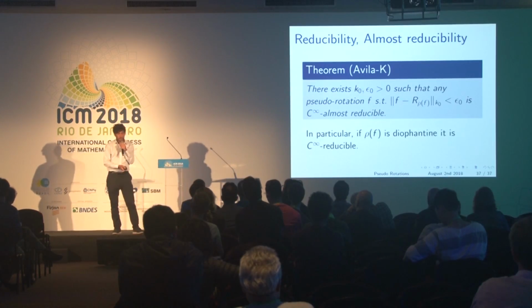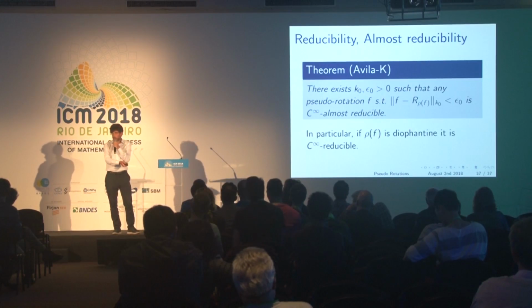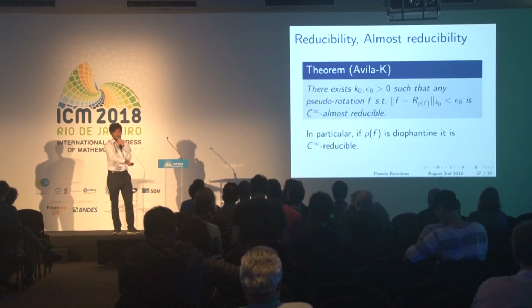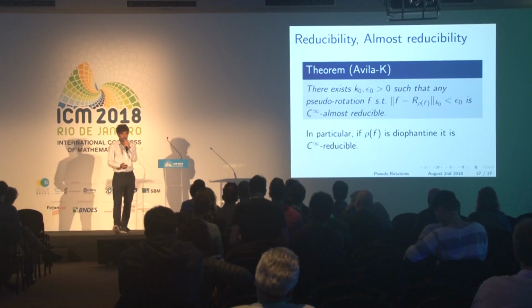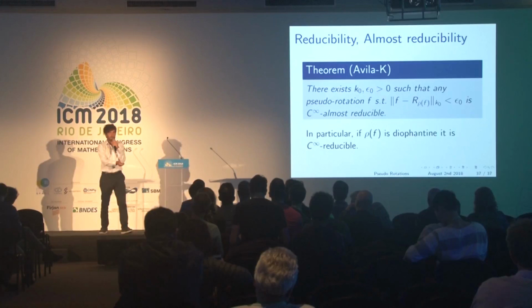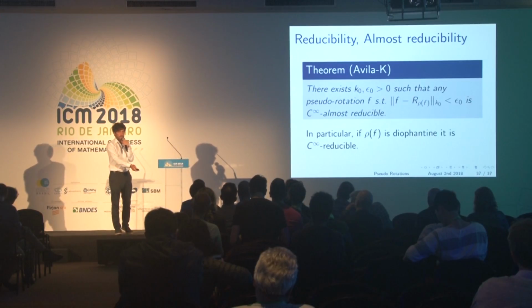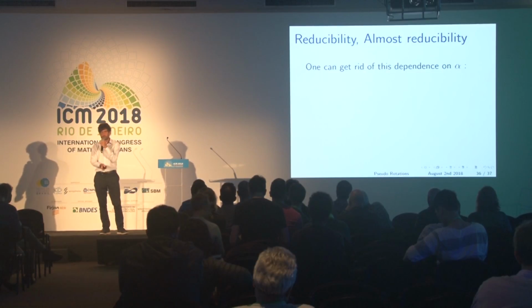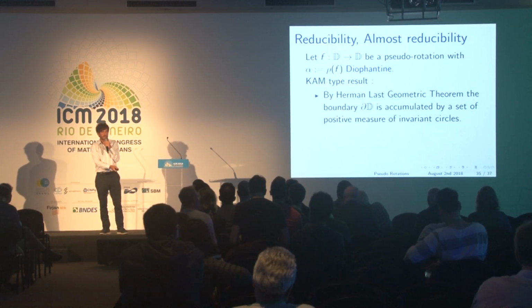In particular, when the number is Diophantine, you have a global reducibility result. Global, semi-global, I mean, there is this epsilon 0. But still, epsilon 0 does not depend anymore on rho. Remember, by Rüssmann, you had a theorem, but the closeness had to depend on rho.